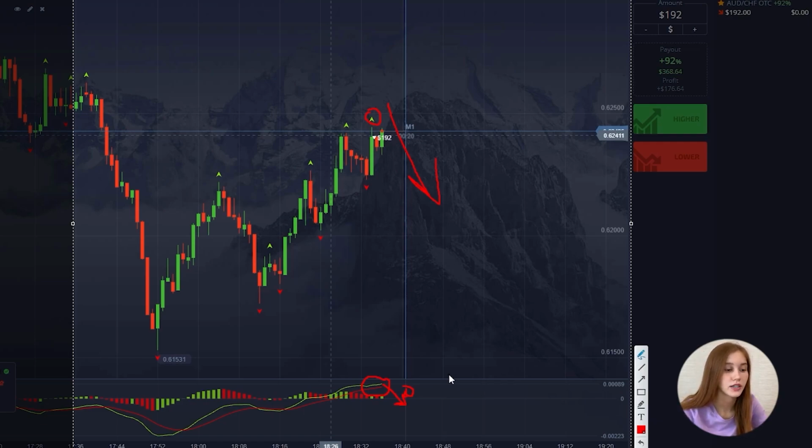For calculation, three exponential moving averages with different periods are used. From a fast moving average with a smaller period, a slow moving average with a larger period is deducted. The MACD line is built on the obtained values. The main signal that the indicator supplies is the intersection of the MACD line and the signal line.